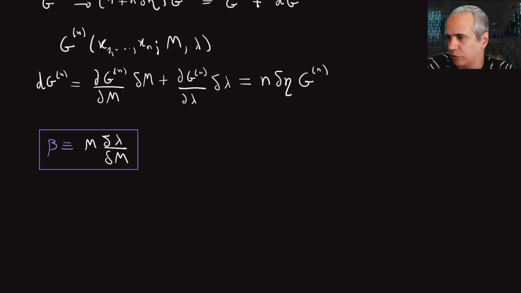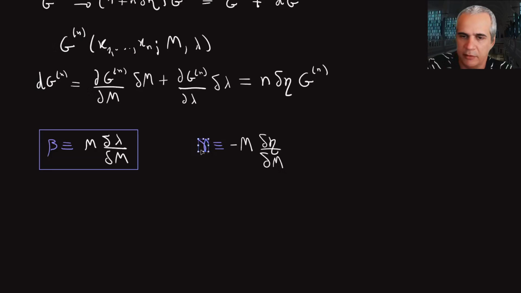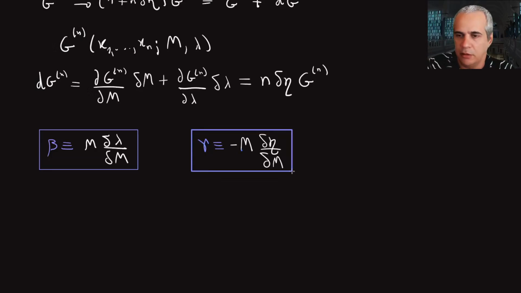And I'll also define something that for now we'll call just a gamma function. Later we'll find a different name for it, but for now that is it: minus m delta eta over delta m. So see, the delta lambda is here, the delta eta is here, so we can easily make these two things appear.